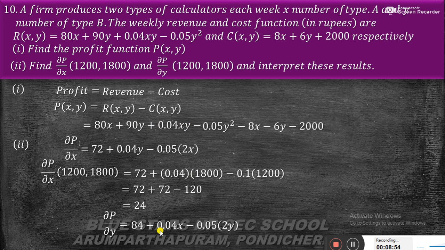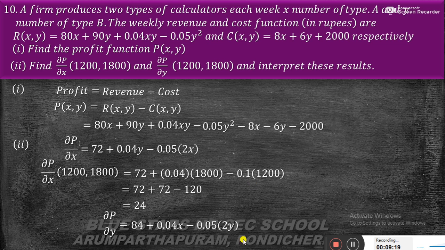Next, minus 0.05x square has derivative 0, minus 0.05y square gives minus 0.05 into 2y, and minus 6y gives minus 6. So 90 minus 6 is 84. The constant term is 0, so 84 plus 0.04x minus 0.05 into 2y.